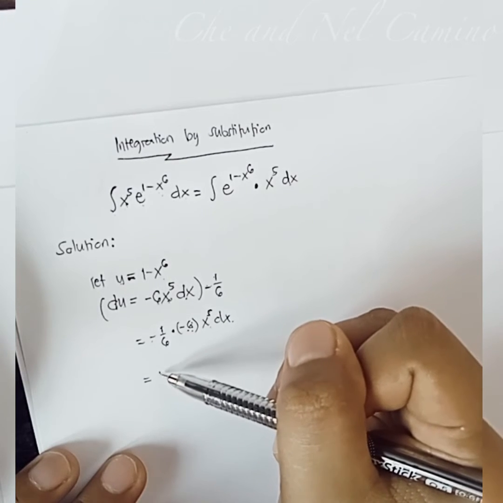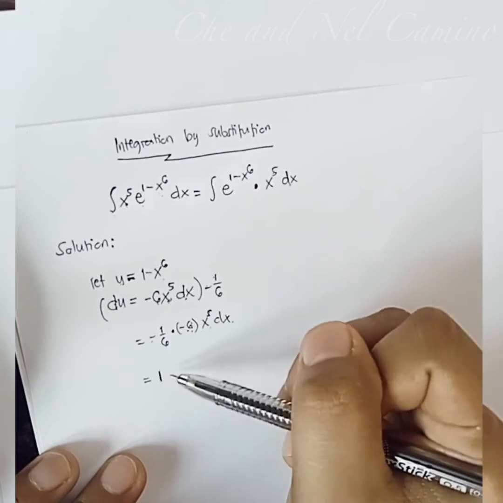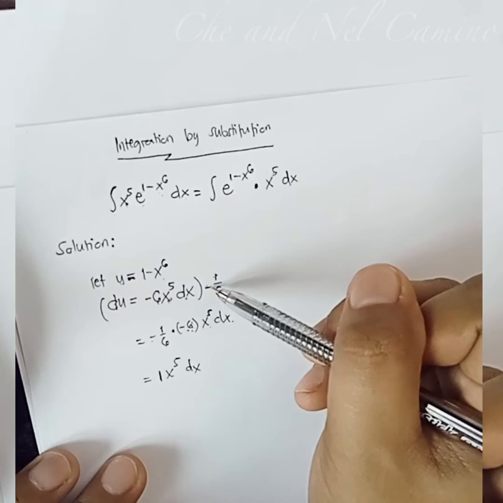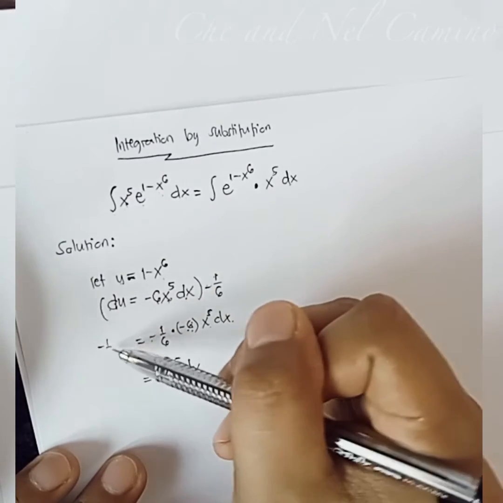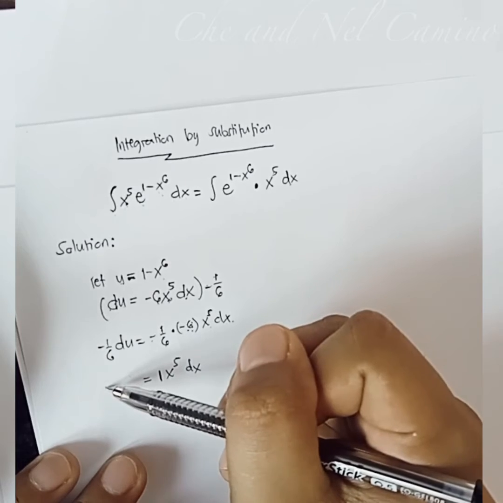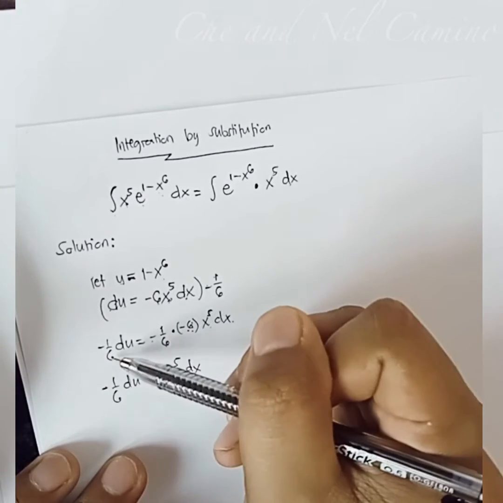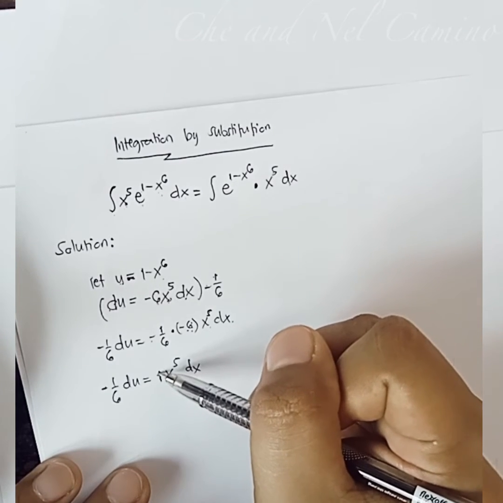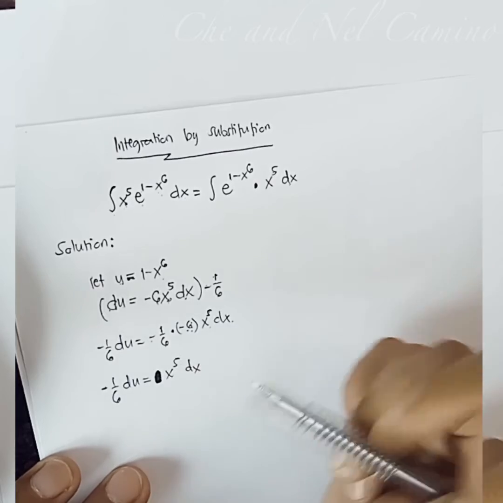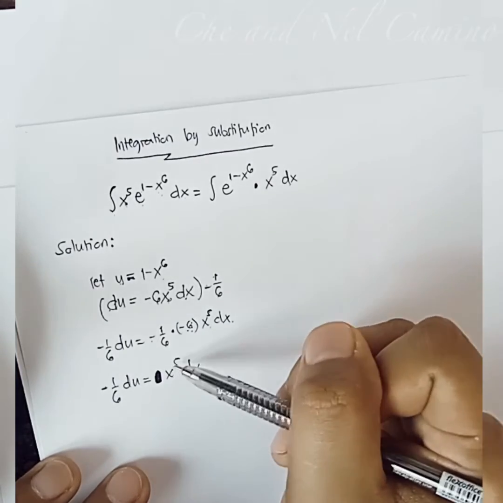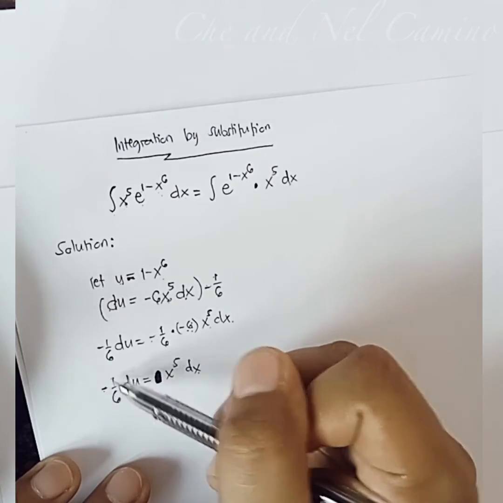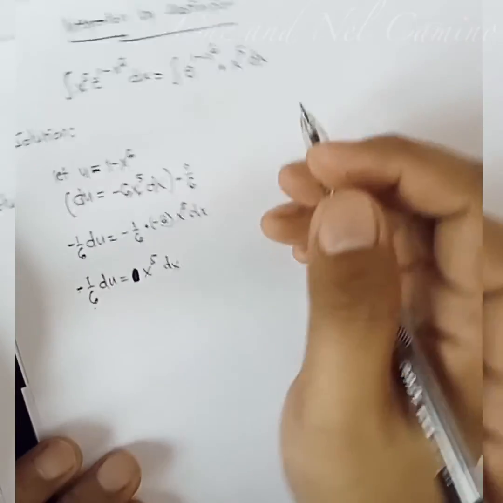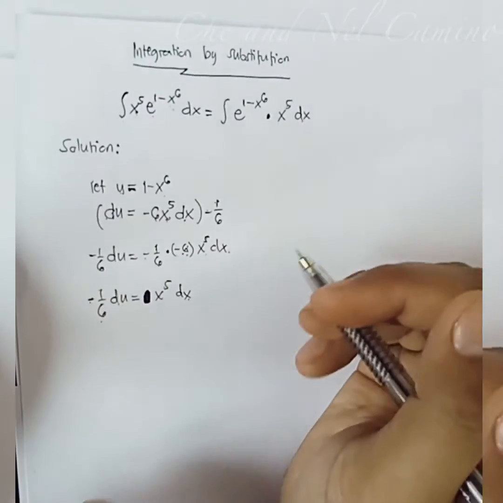So we have 1 times x to the power of 5 dx on one side, and negative 1 over 6 du on the other. We can remove the 1 in our numerical coefficient, so x to the power of 5 dx is equal to negative 1 over 6 du. I think we are good enough to proceed to integration.